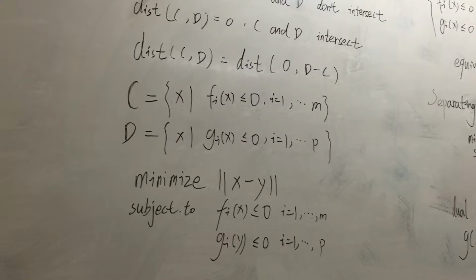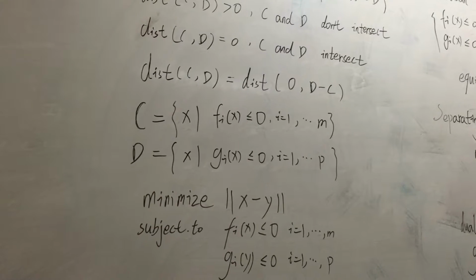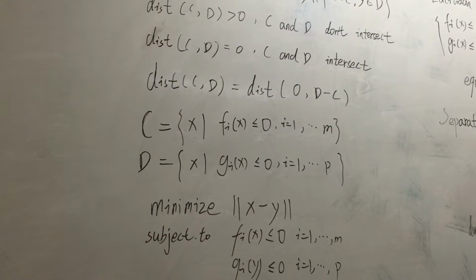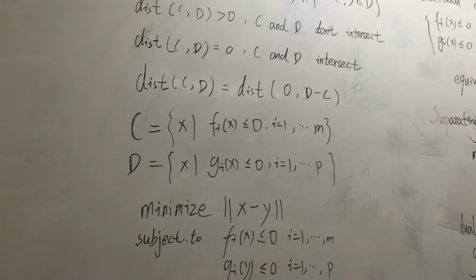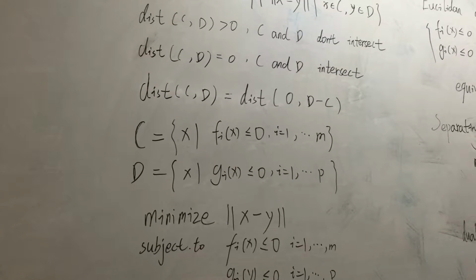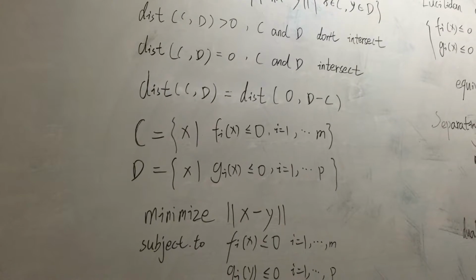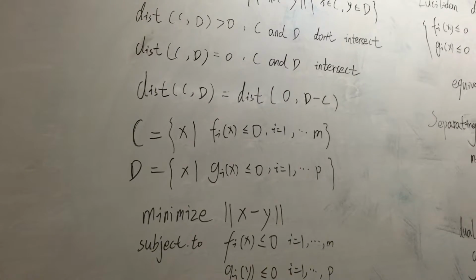We can include linear equations, but exclude them here for simplicity. We can find the distance between C and D by solving the convex optimization problem: minimize the norm of x minus y subject to the constraints f_i of x and g_i of y.